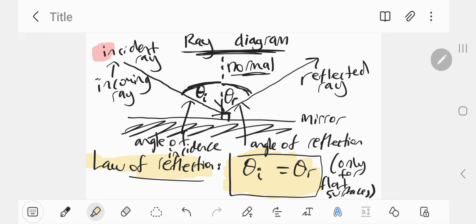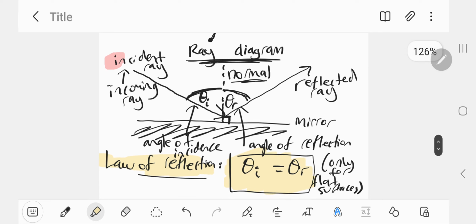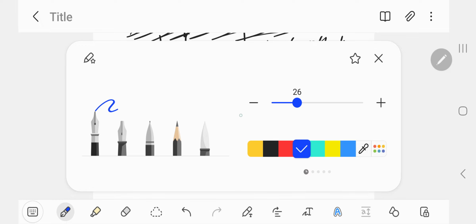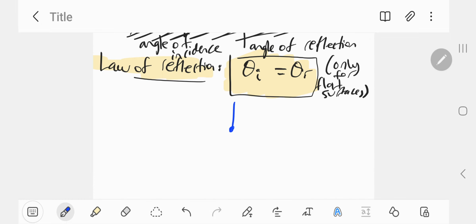Now, that's an example there of light reflecting off a surface. Now, as you know, you can manipulate light. You can make it reflect using things called mirrors. Let's get into mirrors now. So this is continuing on. Mirrors.